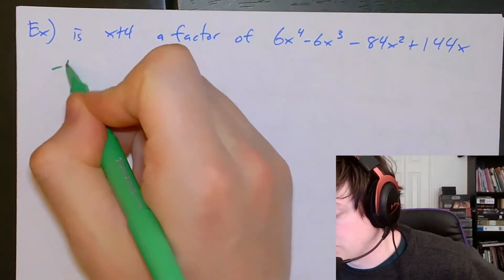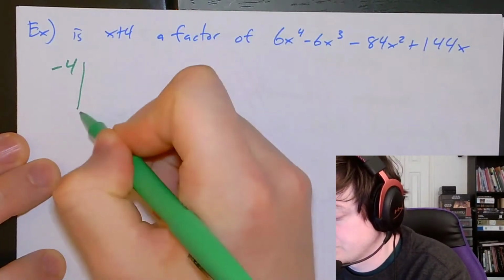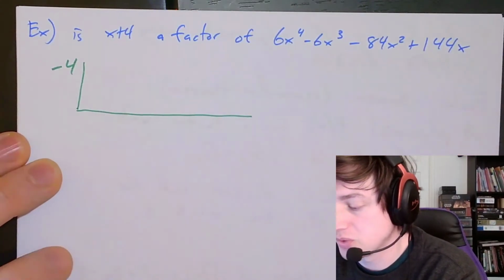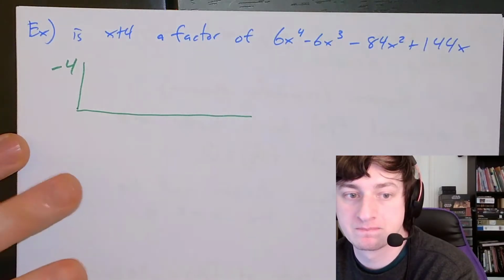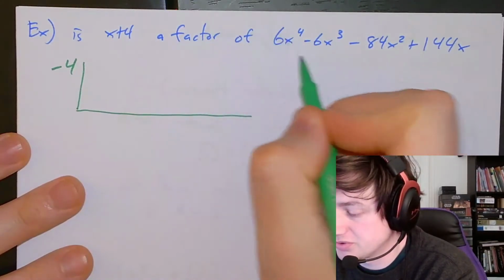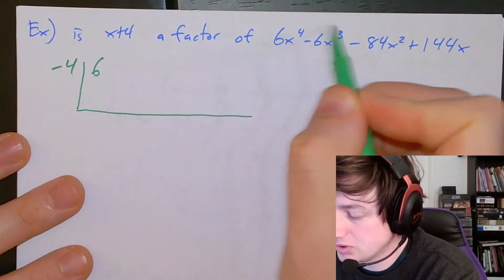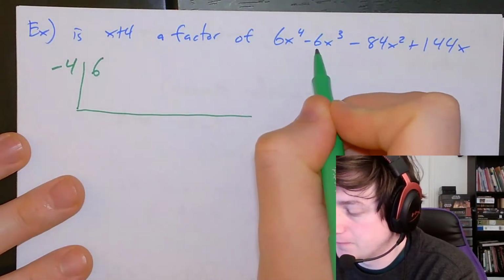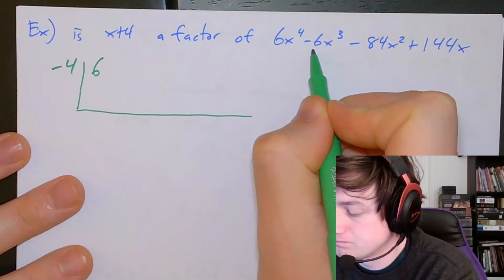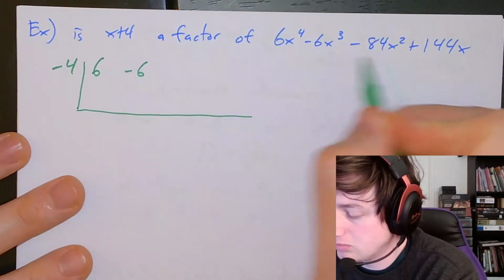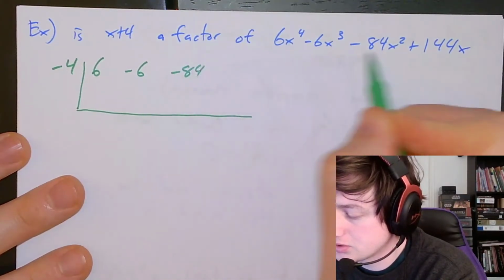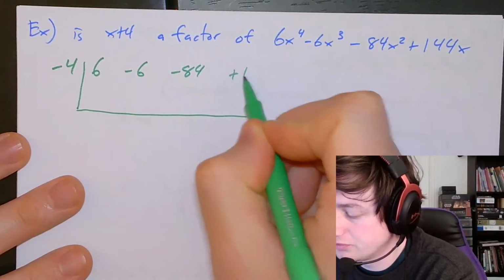So we're using minus 4. Zeros where there's not a term. So 6x to the 4th is where we're starting. Minus 6x cubed minus 84x squared plus 144.